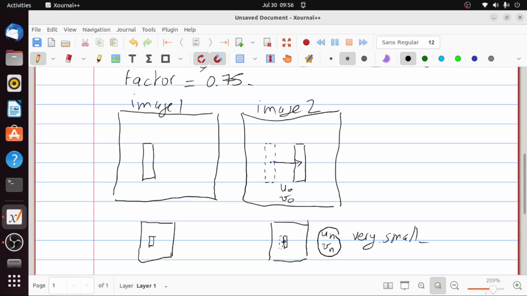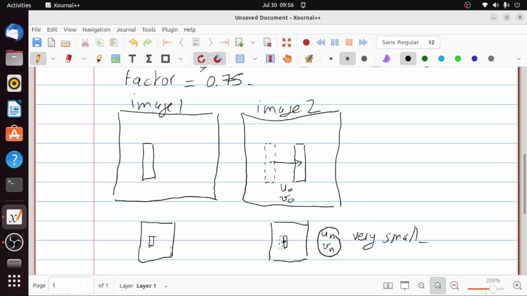And why is it important? Because if the displacement is very small, you can linearize that energy term. That's what I showed on my website. Because it's small, I can linearize using Taylor expansion. So that's the whole idea.